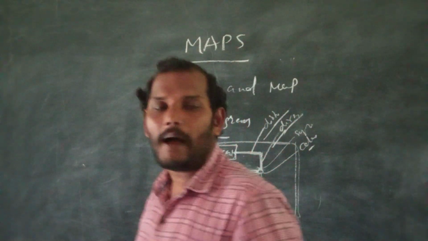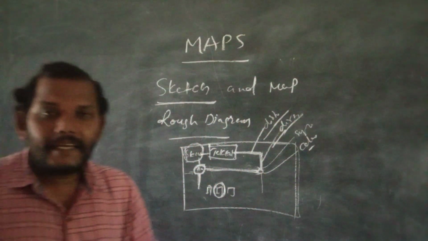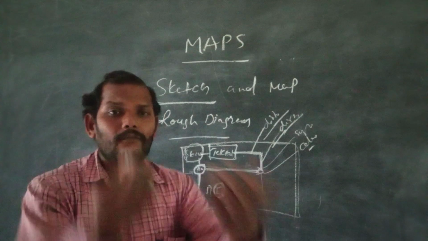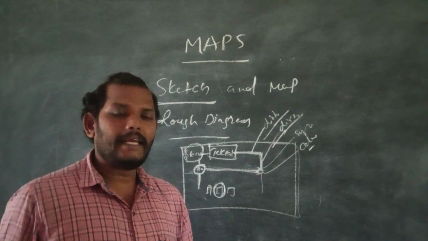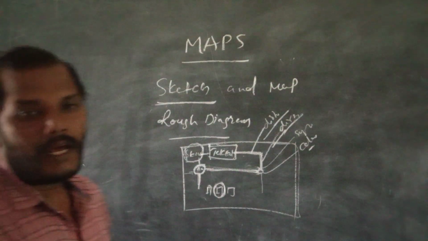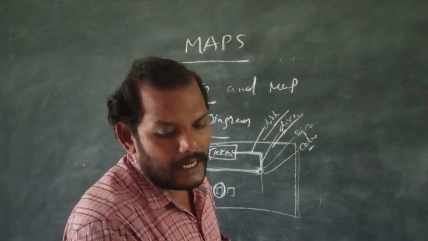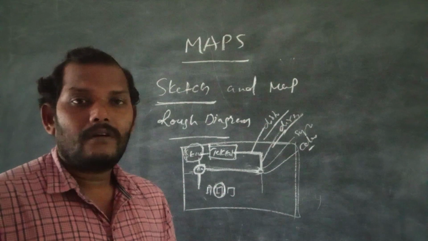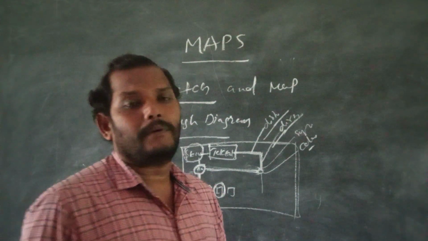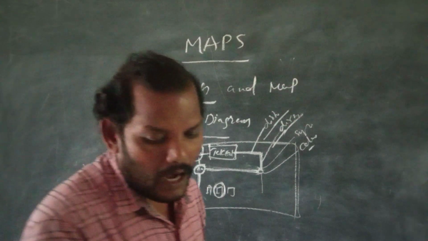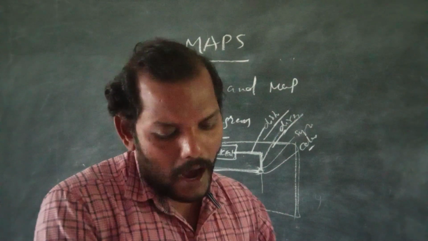These are all in the map. Then we can easily get full information from maps. Easily we can get the full information about a particular area. So these are the components of the map.